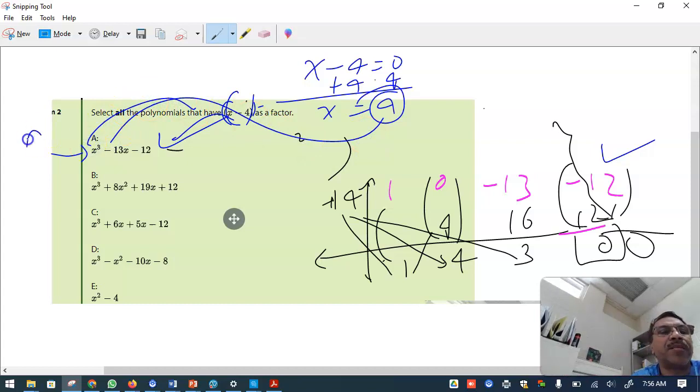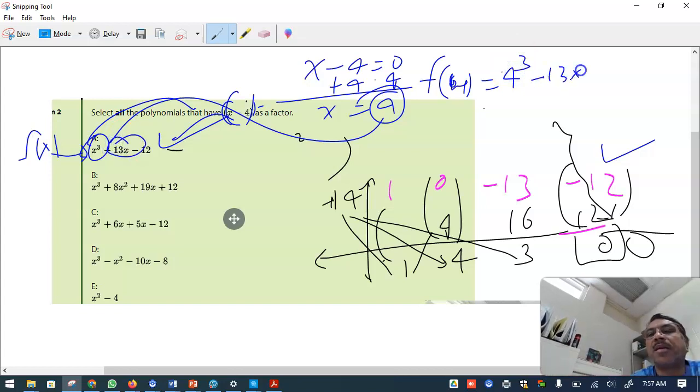That means if I call this f of x, and I put f of 4, this becomes 4 cubed. This minus 13 will be minus 13 times 4, and this is minus 12. You can use the calculator, or you can do mental math and say 4 cubed is 64, and 13 times 4 is 52, and then plus 12.